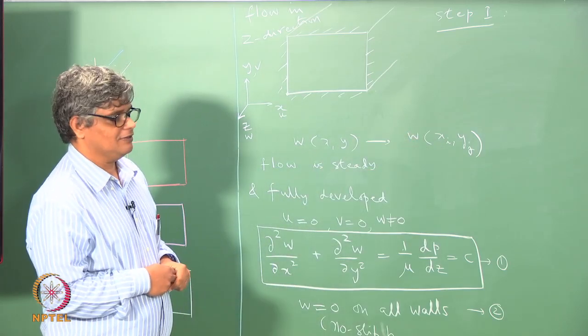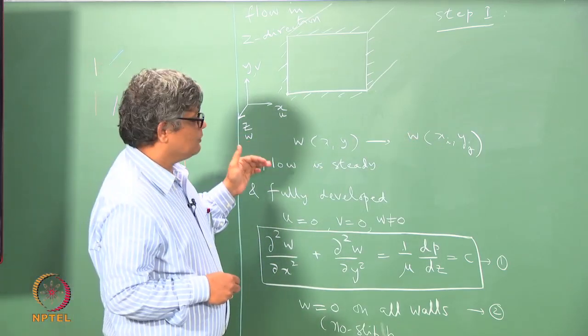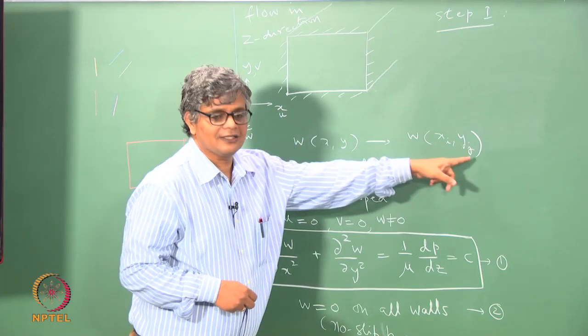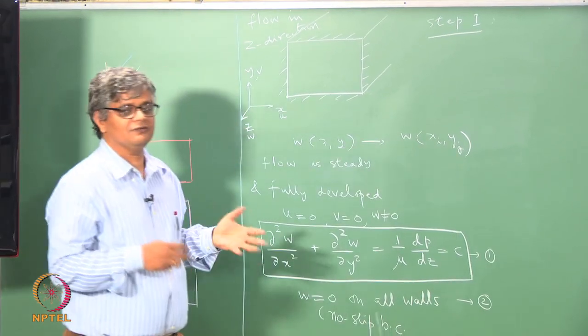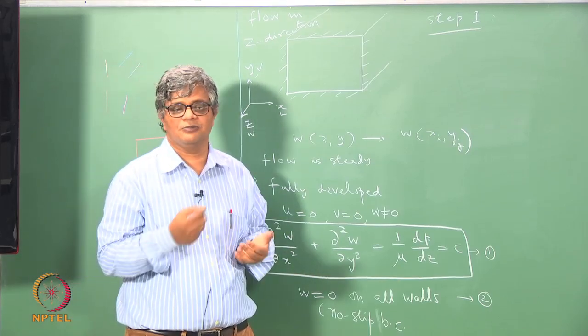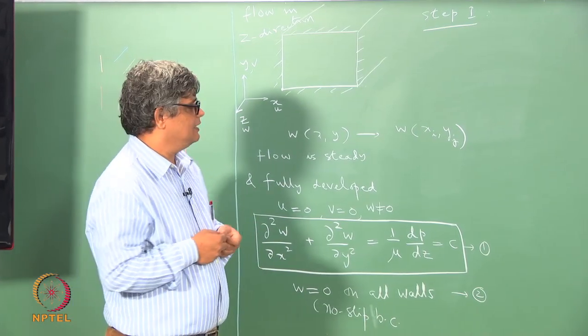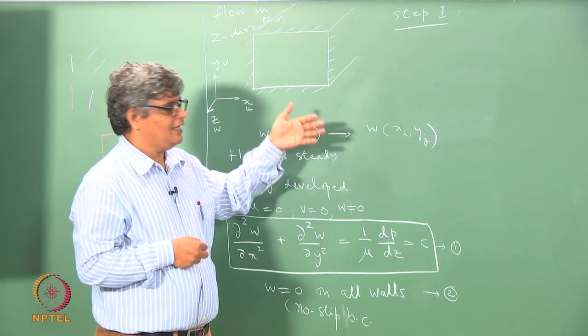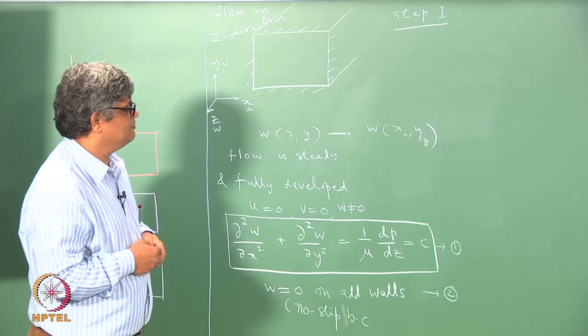or grid nodes. So, if you want to get the velocity at any other point which is not coinciding with one of the grid points, you have to do interpolation. Interpolation will bring in some approximation. So, we are not looking at a continuous solution, but at a discrete solution, and that introduces some error.